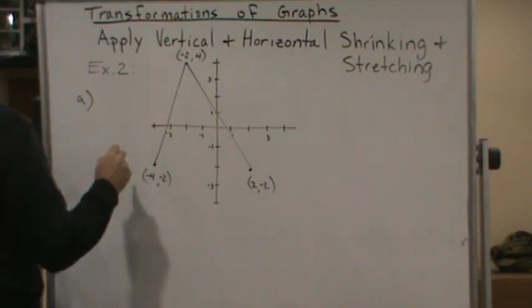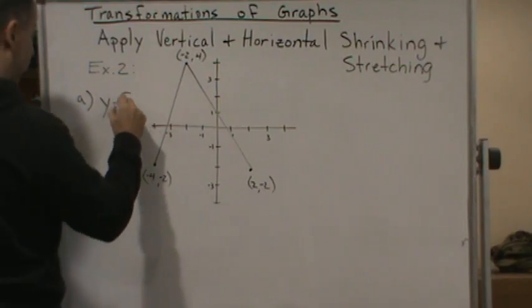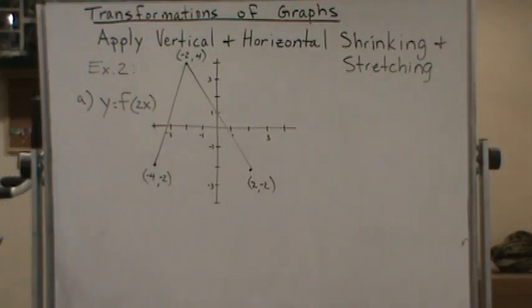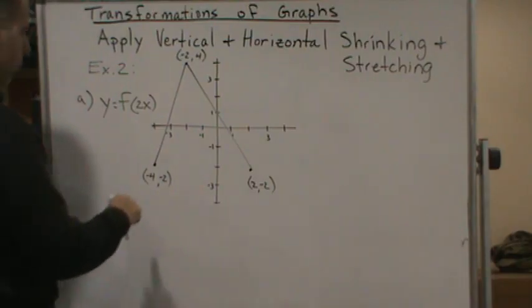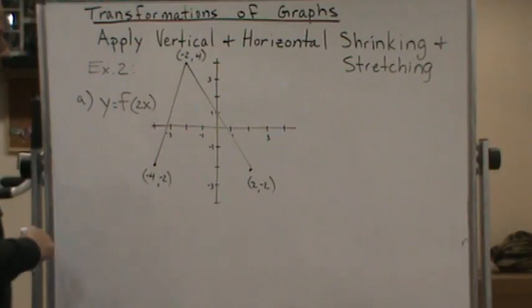The first transformation is going to be y equals f of 2x. Now in this case, again, we're multiplying inside the function by a factor of 2, which means each of the x values is going to be multiplied by a factor of 1 over a.